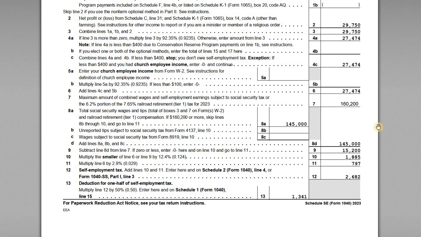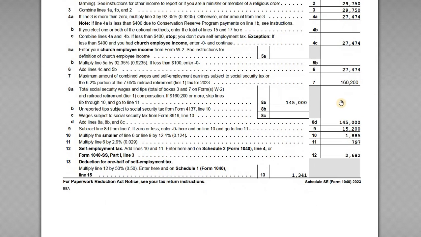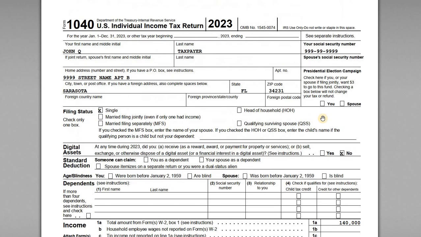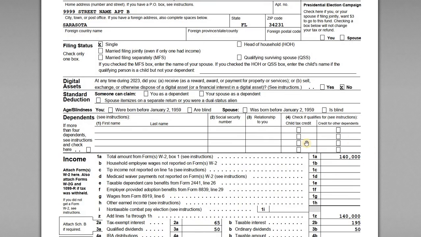So we've got that entry there on line 7. And now on lines 8A through C, we input into the computation how much income we've already recorded that was subject to Social Security taxes. So John's box 1 wages of his W-2 was $140, so he's got that listed there on 1A.